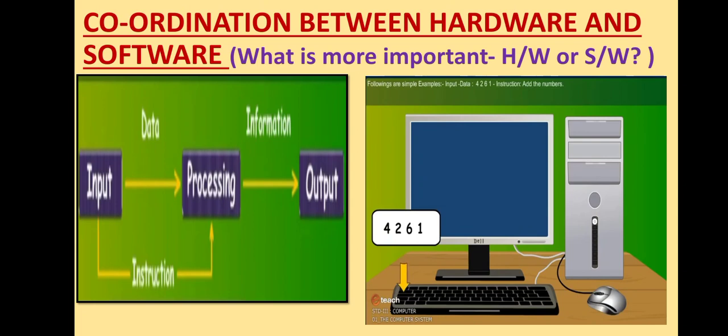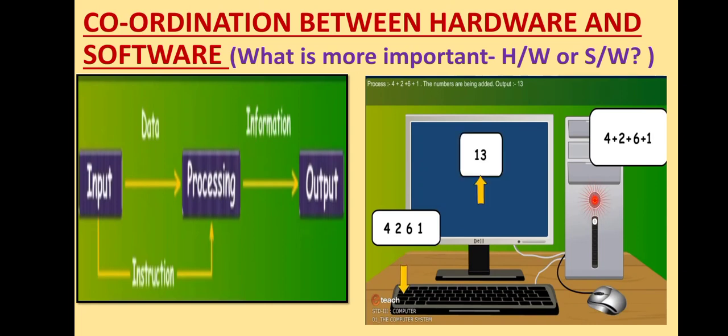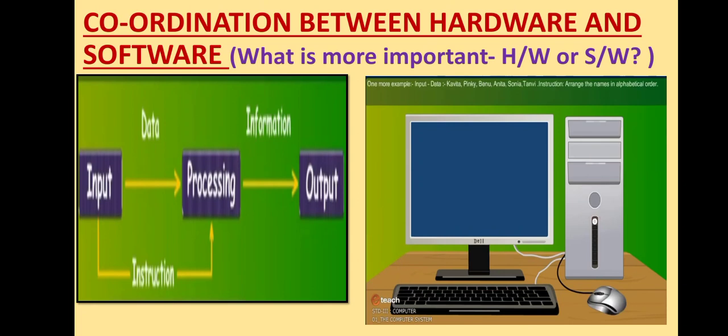Four two six one. Now suppose these numbers we are inputting through a keyboard. Along with this, we are giving one instruction: add these numbers. Now the process will be carried out in the CPU and the result will be shown on the monitor.